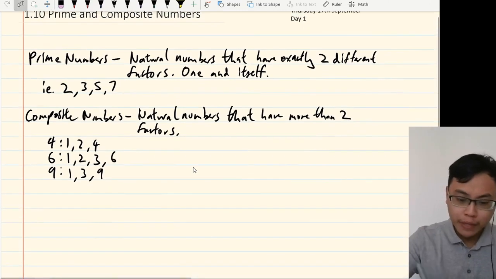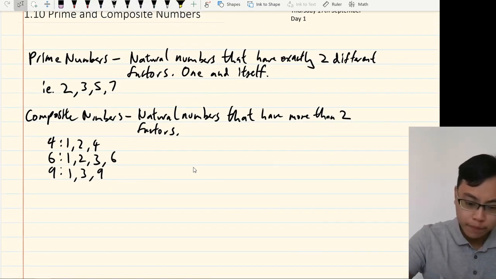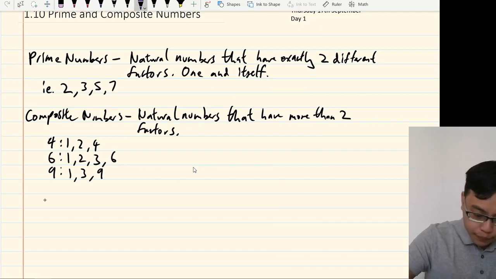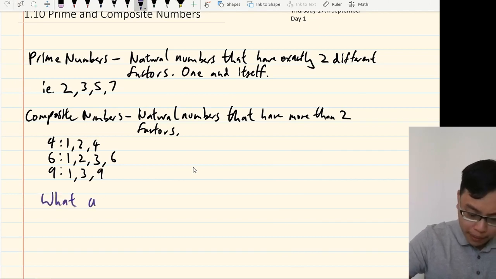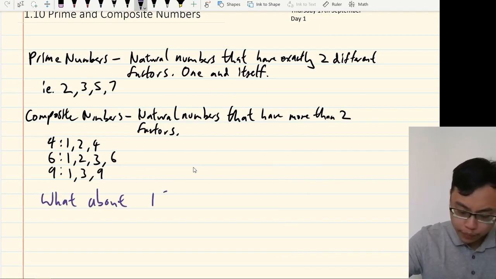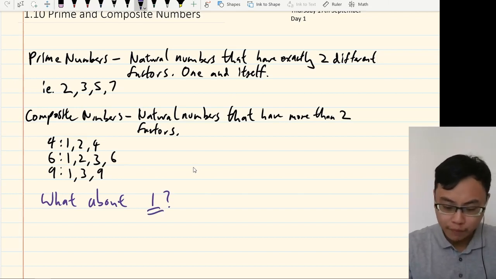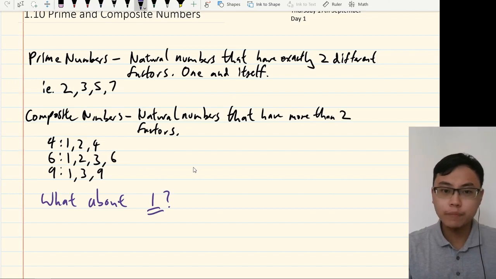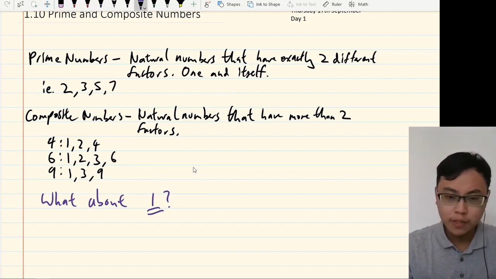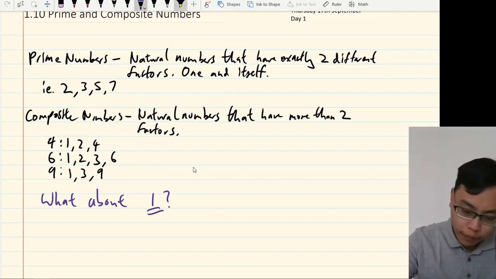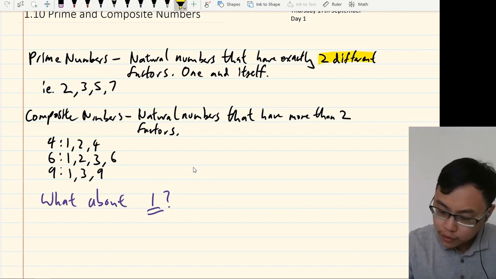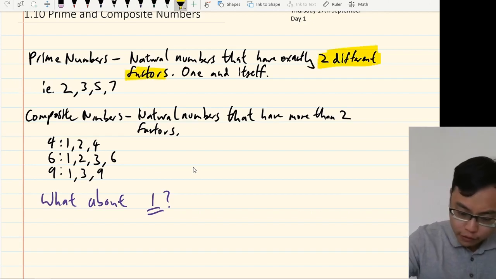What about that special number 1? What happens to 1? 1 is neither a prime number nor a composite number. If we think about the definition of a prime number, it has to have two different factors.